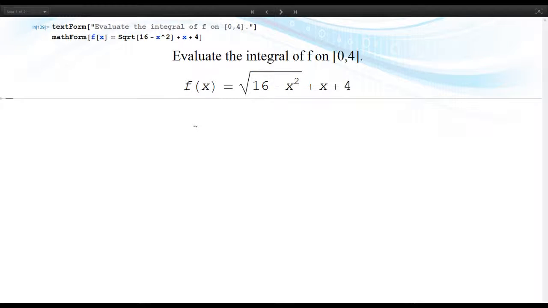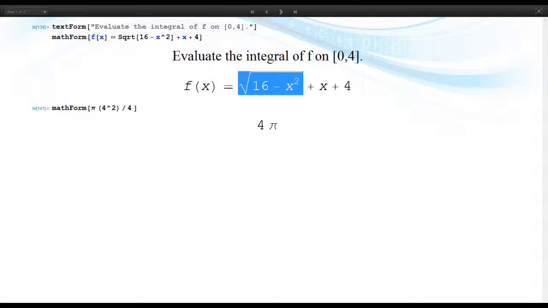So let's do that. So we have the radius is 4 and the area is pi r squared. So pi times 4 squared divided by 4, because we're only looking at the upper right quadrant of the circle. Okay, so that'll be the area of this chunk of the graph.